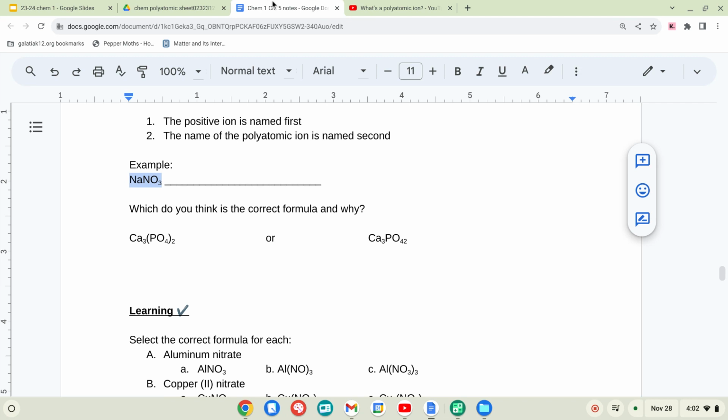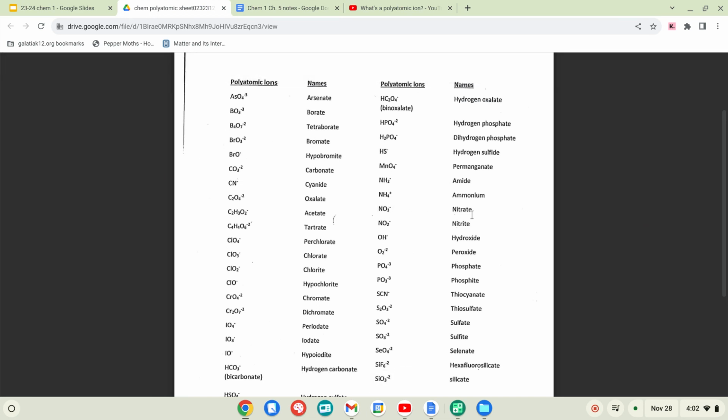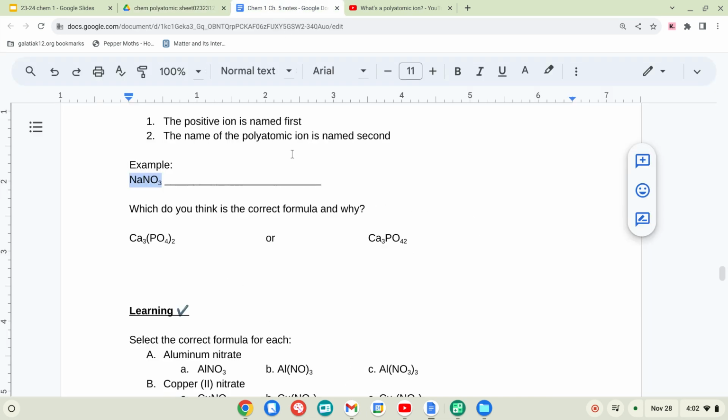It's going to take some practice and some getting used to. But yesterday we would have had like NaCl, NaS, NaN, sodium nitride, or something like that, where it's just sodium and nitrogen, sodium and sulfur. Well, now I have sodium, nitrogen, and oxygen. So I'm like, okay, sodium, and then I'm going to go to this page and find NO3, which happens to be right here, and that is nitrate. So my name would be sodium nitrate.